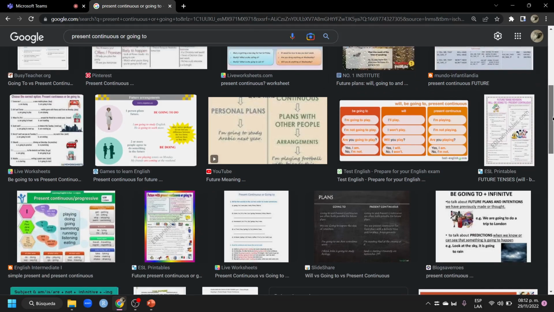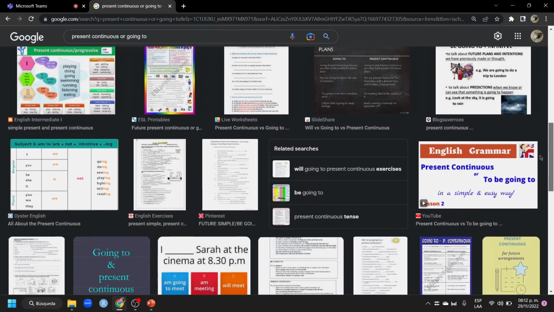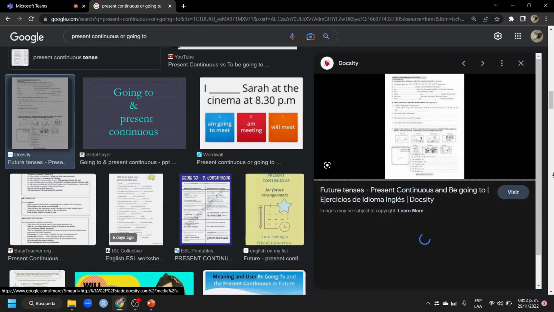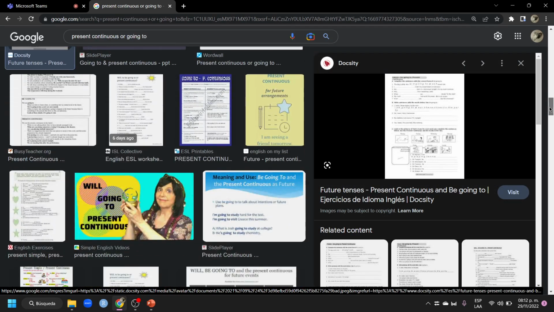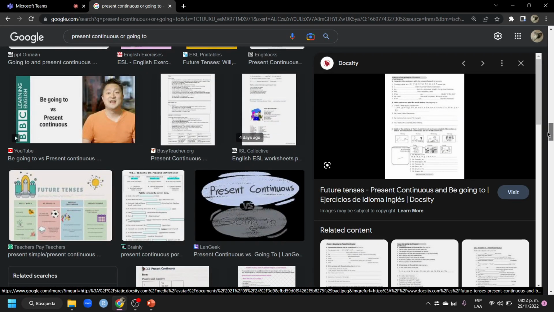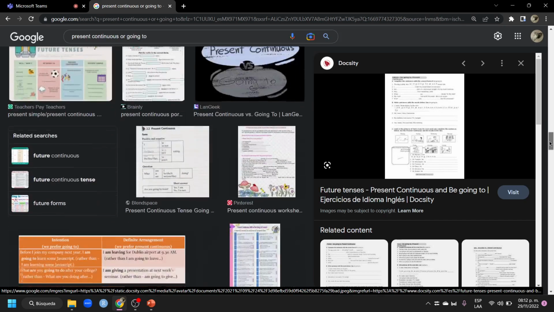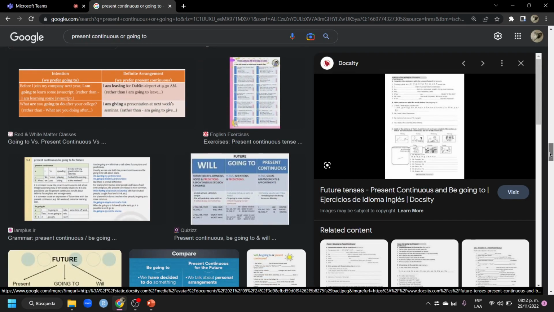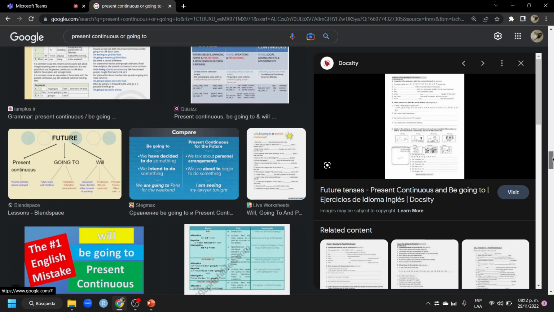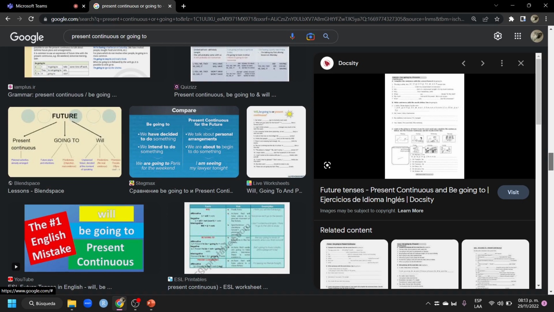We use it for plans, or the evidence, prediction with evidence, and intentions.